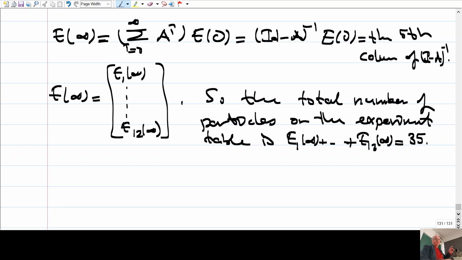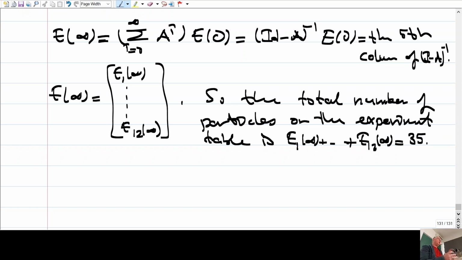Each second, one particle comes up, goes around for a while and then disappears. But on the average, we have 35 particles on the table.